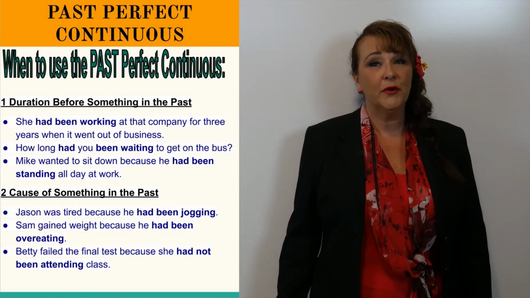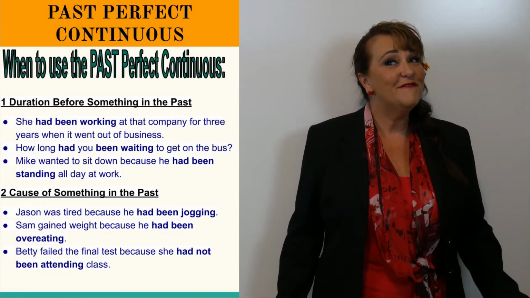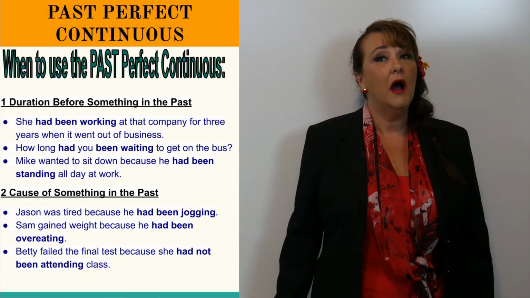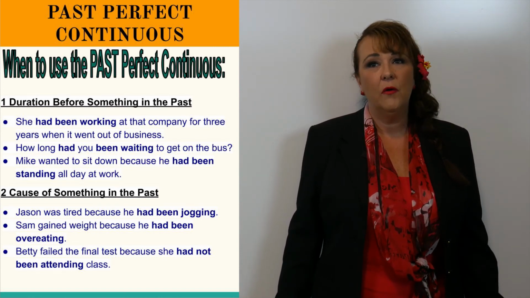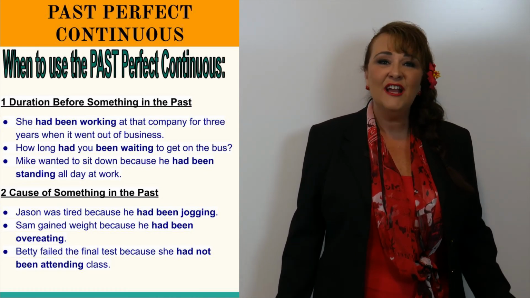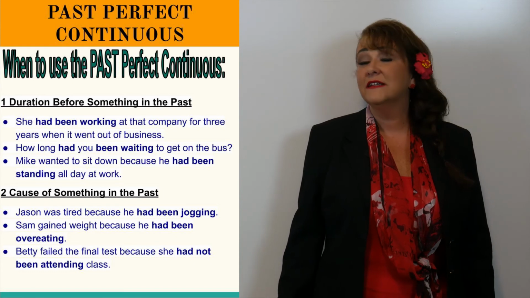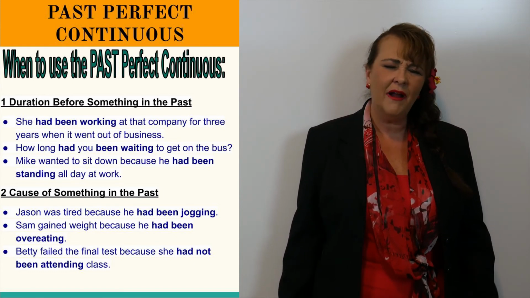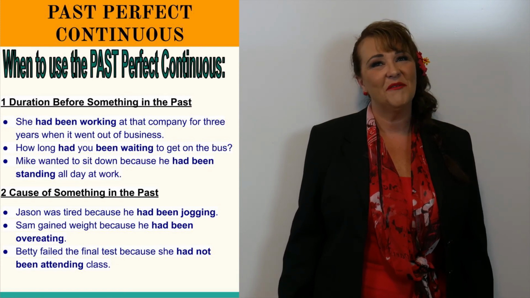Using the past perfect continuous before another action in the past is also a good way to show cause and effect. Take a minute and write down these example sentences that you see on the screen. I'm not going to read them for you now.